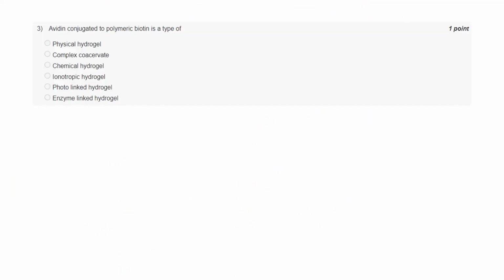Yeah, let's move on towards the next question. Avidin conjugated to polymeric biotin: is it a physical hydrogel, complex coacervate, chemical hydrogel, ionotropic hydrogel, photolinked hydrogel, or enzyme linked hydrogel? Any guesses? Option one.